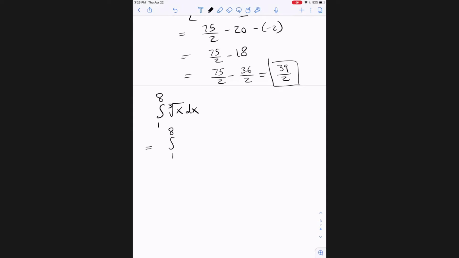Now, because I'm rewriting it, I have not taken the antiderivative yet, so I do not take the integral symbol off. You only take the integration symbol off once you take the antiderivative. So go ahead and try to do this.